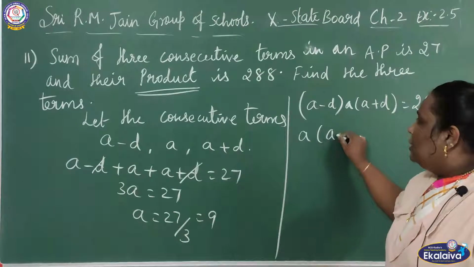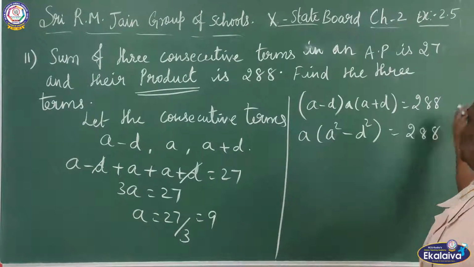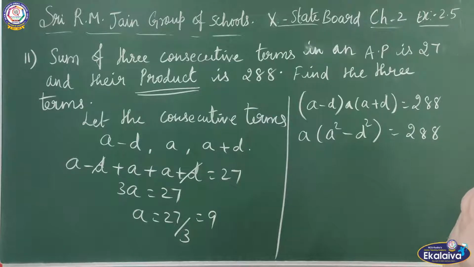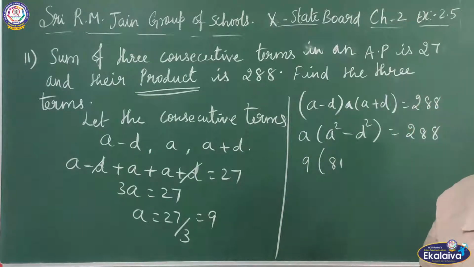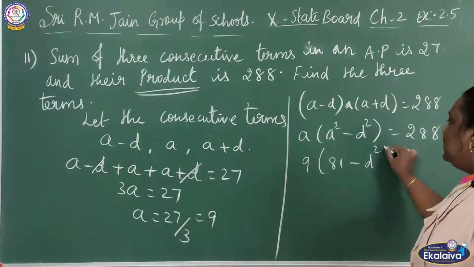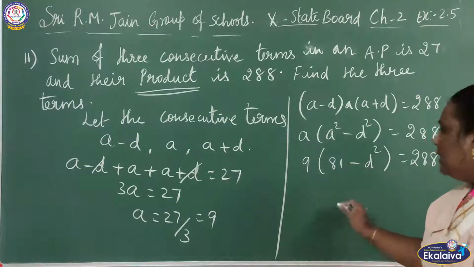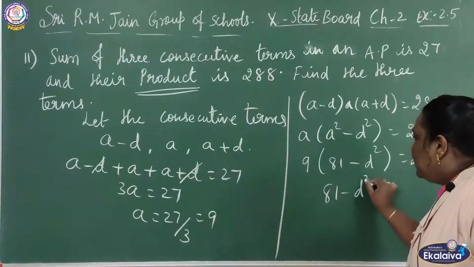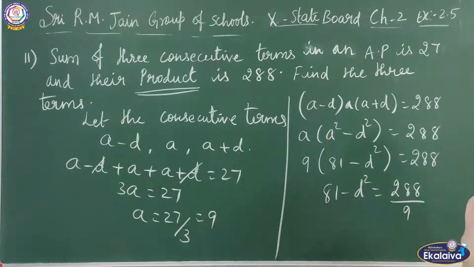So A into (A square minus D square) equal to 288. What is the value of A? 9 into (81, that is 9 square, minus D square) equal to 288. 81 minus D square equal to 288 by 9.